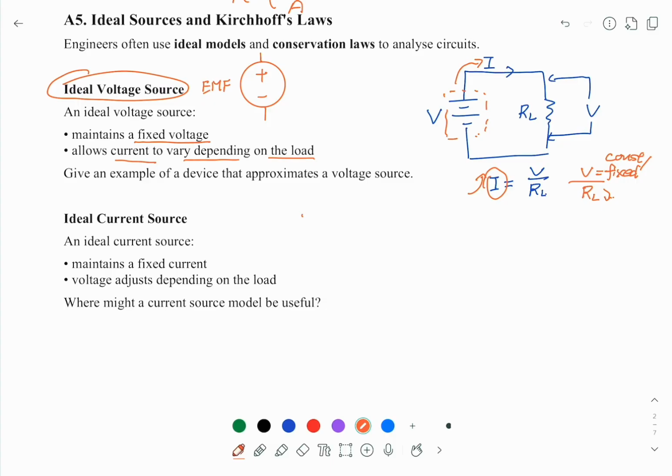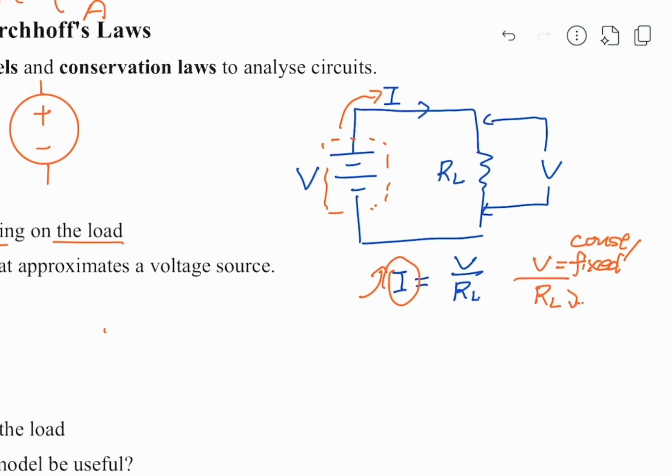In a laboratory, the typical power supply can act as an ideal voltage source up to a certain level. That's why you will see in the laboratory power supply, there are two settings. One is your output voltage, the voltage you want to fix.